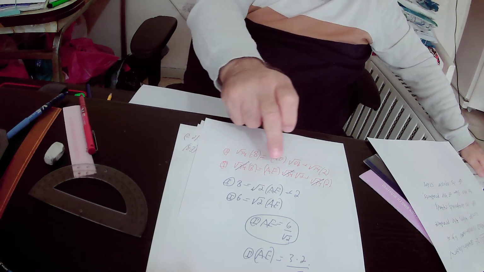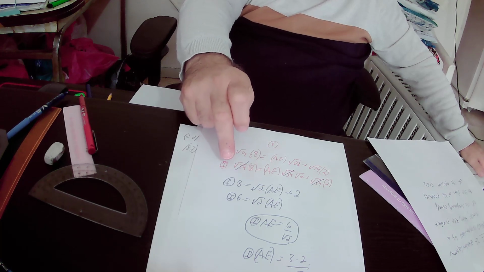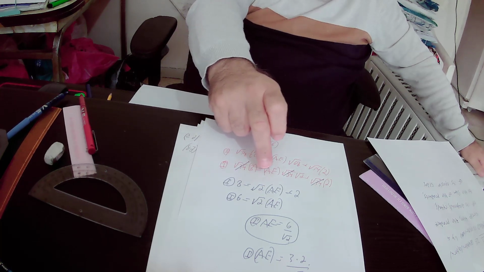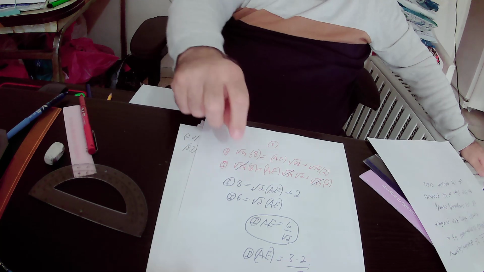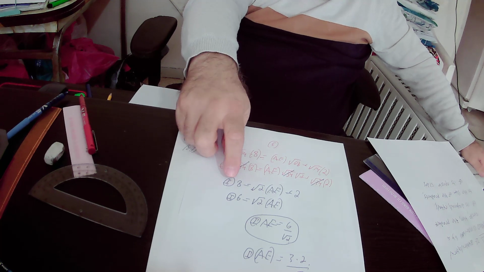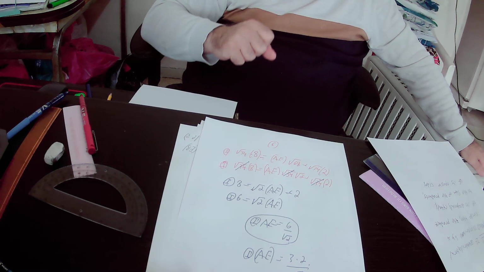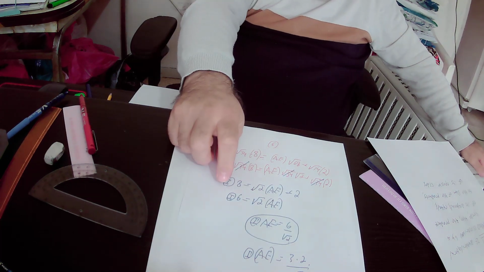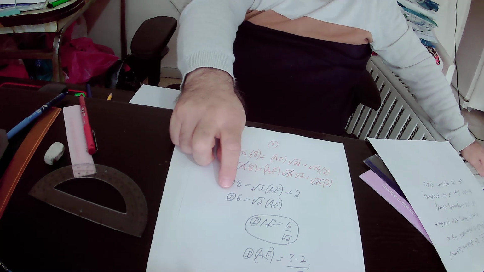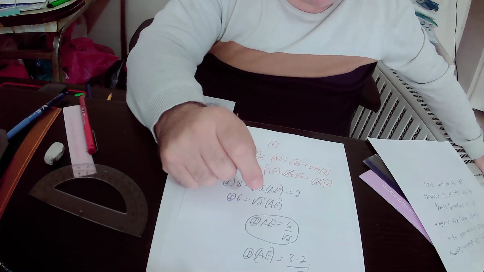So square root of 34 gets cancelled in equation number 1, and we got that 8 equals square root of 2 times AE plus 2. Here we subtracted 2 from equation number 1. 8 minus 2 is 6, and 6 equals square root of 2 times AE. Here we divided equation number 1 by square root of 2, and we got that AE equals 6 over square root of 2.